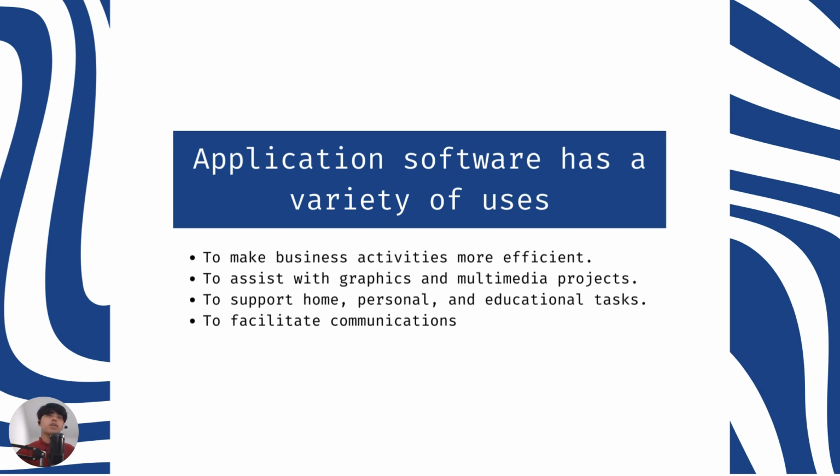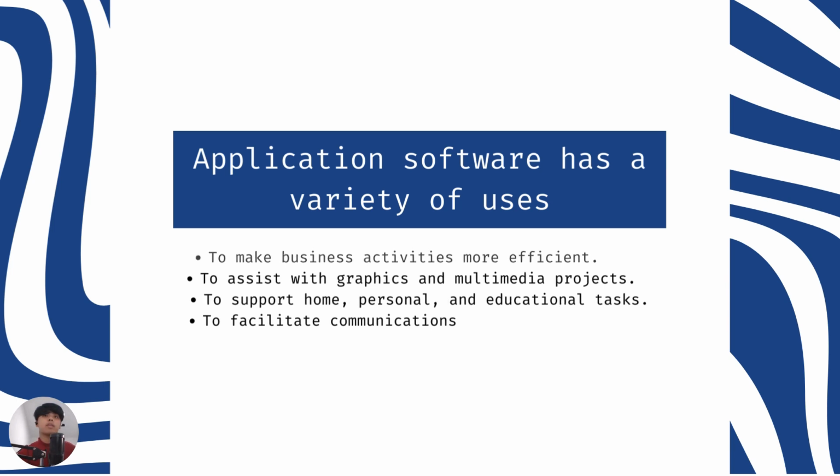It has a variety of uses, such as to make business activities more efficient, to assist with graphics and multimedia projects such as Canva or Microsoft PowerPoint, to support home and personal educational tasks such as Google Documents, Microsoft Word, Microsoft Excel, or to facilitate communication such as social media applications like Messenger.